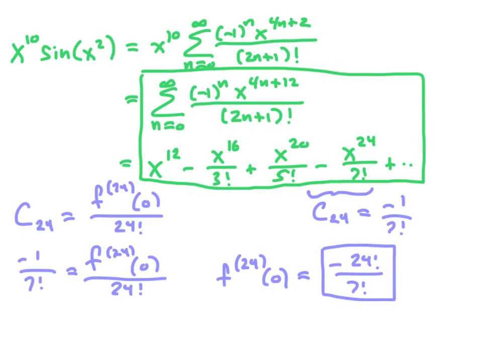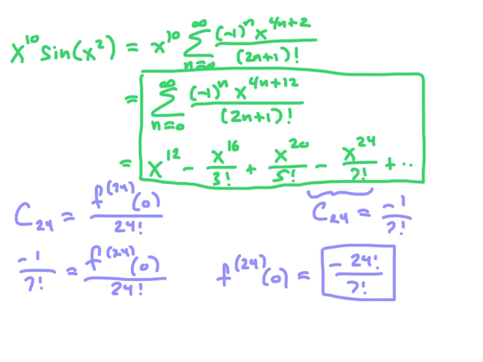We then want to find the value for the 24th derivative of f evaluated at 0. We know that the c sub 24 coefficient, the coefficient of x to the 24th, is going to be that 24th derivative of f at 0 over 24 factorial. And by looking at our Maclaurin series, we can recognize that c sub 24 is going to be the number negative 1 over 7 factorial.